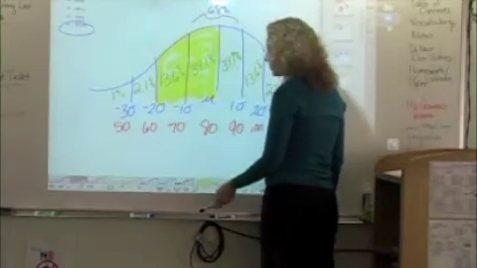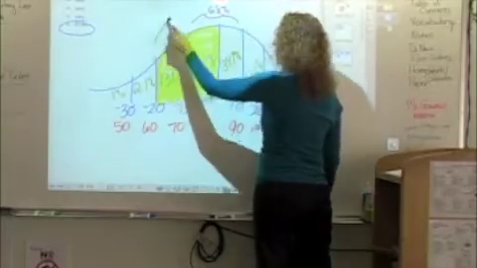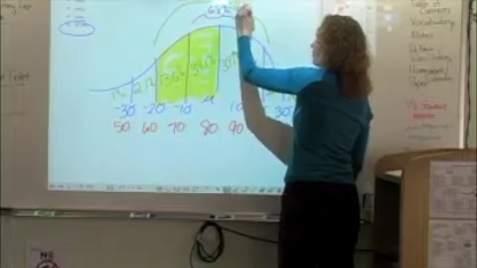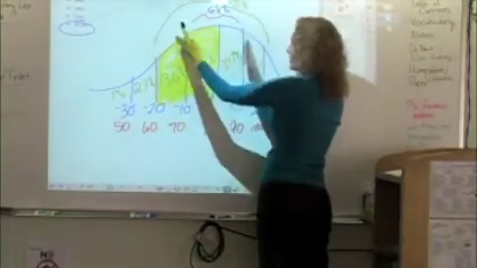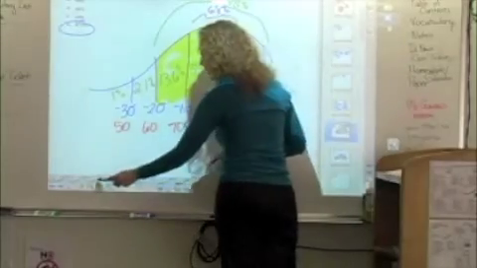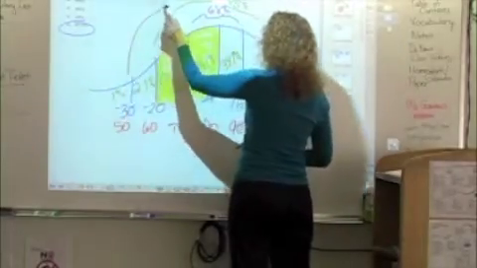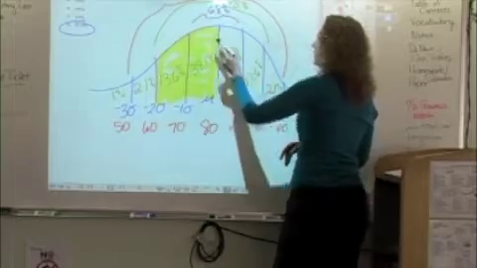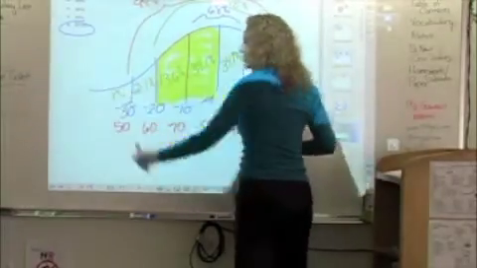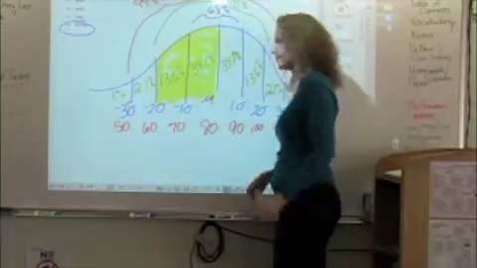If you want to go 2 standard deviations away, you're looking at roughly 95% of the data. 68%, 95%. The last bit becomes the 99%. From here to here is 99%. And then our final would be 100%, including all of the data.